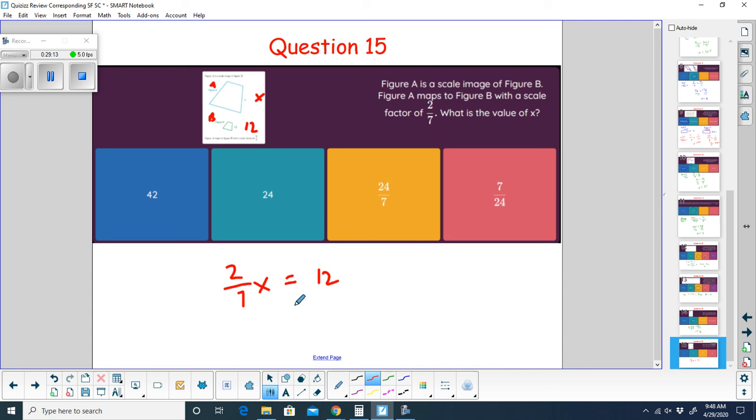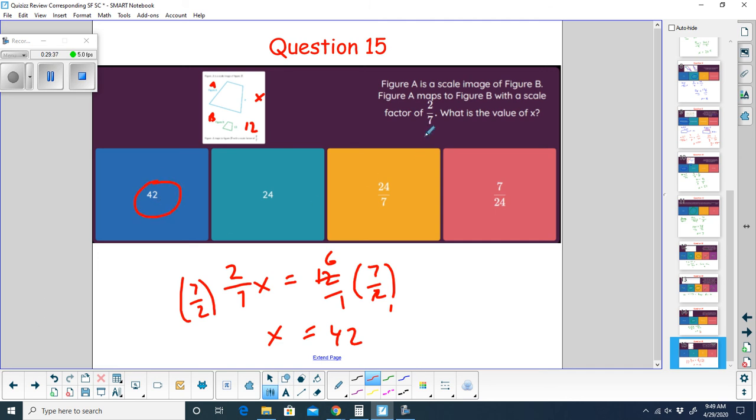Now I need to solve for x. So I'm going to multiply this side by 7 over 2, which gives me just x. This side times 7 over 2. If you think about it, this is 12 over 1 times 7 over 2. I can simplify 12 and 2 to 1 and 6. So I end up with 42 over 1, which means the side length is 42.